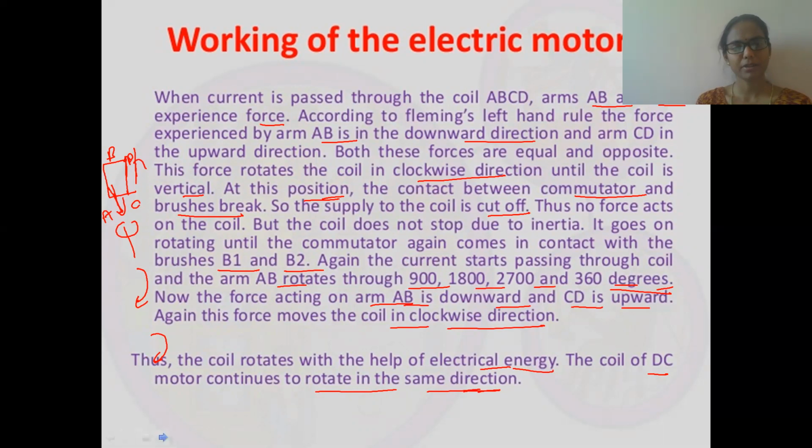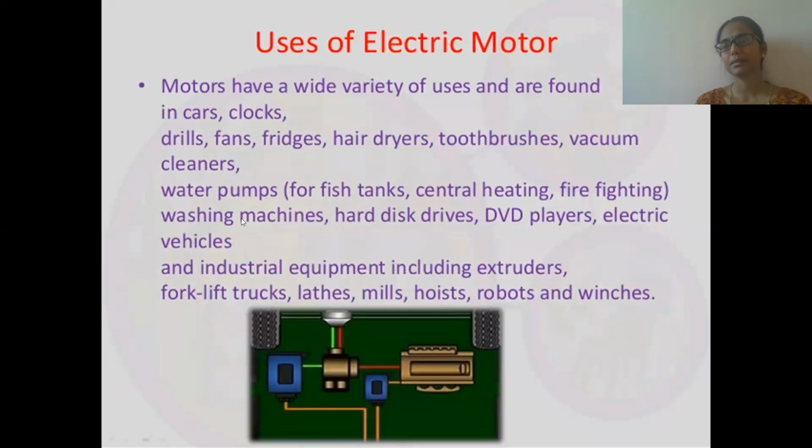What is the working of an electric motor? Now let us see some uses of electric motors. Electric motors have a wide variety of uses. You can see a lot of uses in cars, clocks, drillers, fans, fridges, hair dryers, toothbrushes and vacuum cleaners.